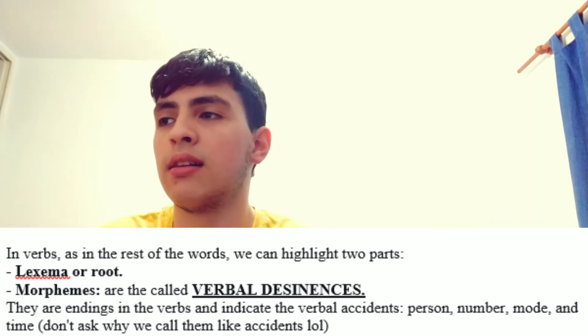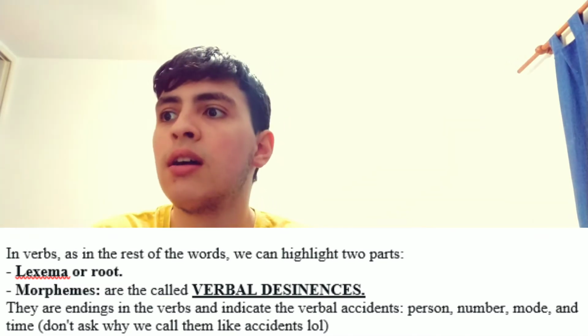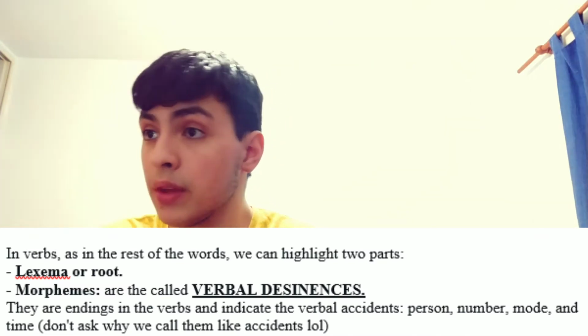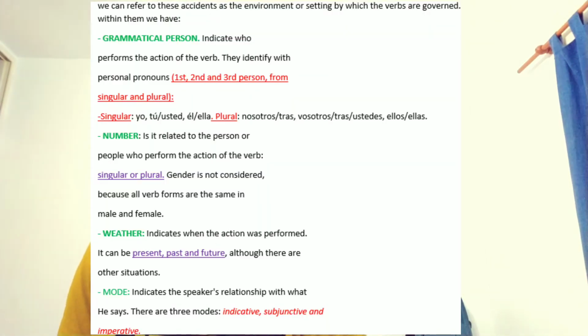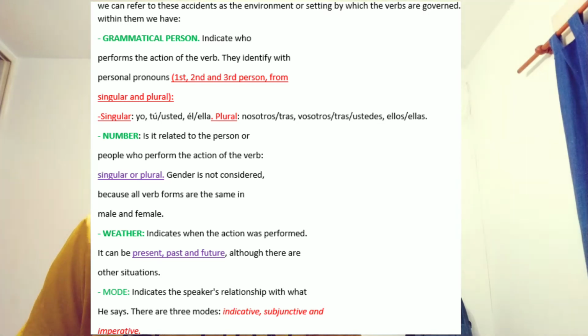Why we call them accidents, I really don't know. We can refer to these accidents as the environment or setting by which the verbs are governed. Within them we have the grammatical person, which indicates who performs the action of the verb. They are identified with a personal pronoun.